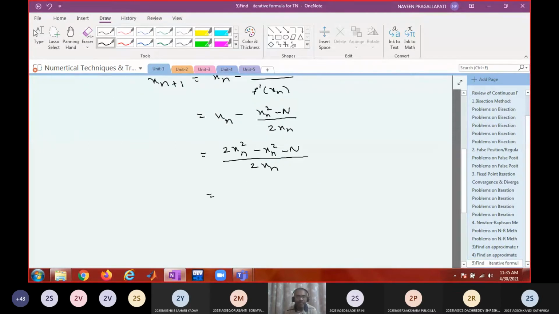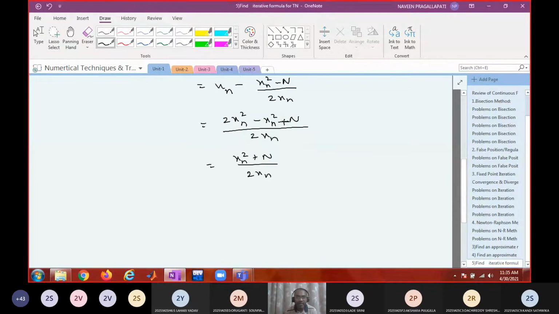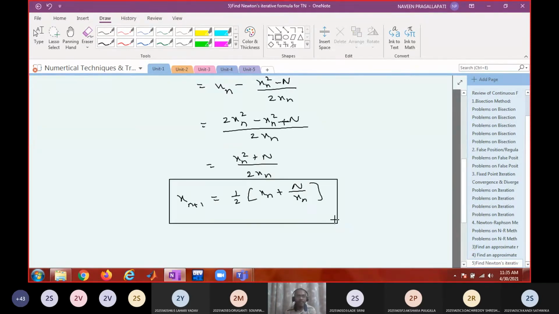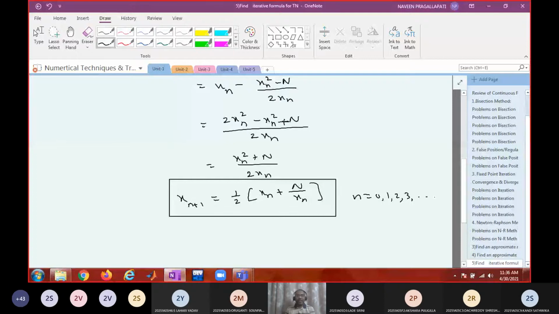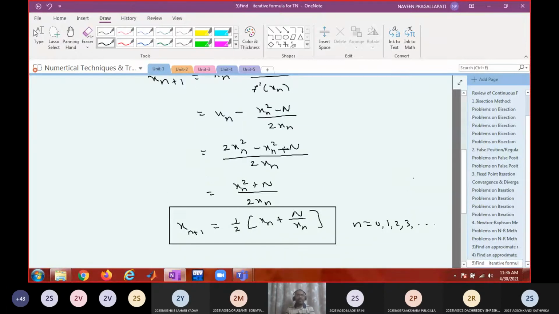So this is xn square plus n by 2xn. You can write like this, or some people take 1 by 2 common and write 1 by 2 times xn plus n by xn. This is the Newton's iterative formula to compute square root of n, n equal to 0, 1, 2, 3, and so on. You may be asked to derive the Newton's iterative formula for square root of n.